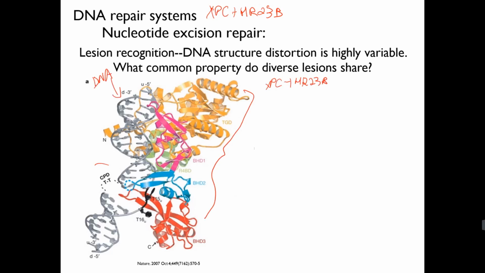And then we can see our CPD down in this region. And there's sort of two things interesting about this structure. And one is, hopefully you can see this little red loop, and I'll draw a circle around it. It's stuck straight into the helix. So it has the same sort of theme of poking a protein finger into the double helix.